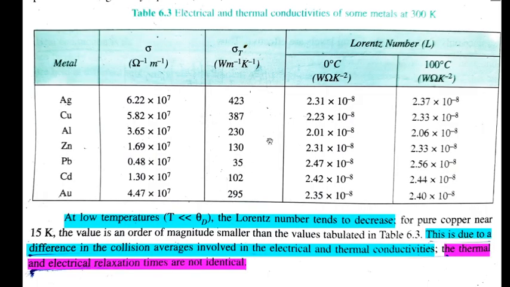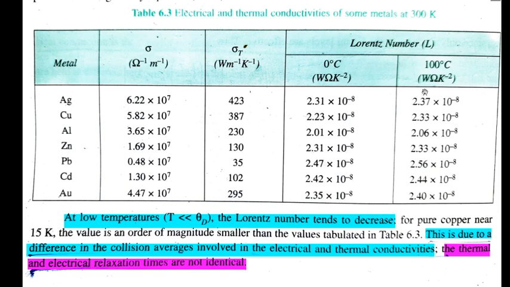And these are a few examples of a few metals, and this is sigma, the electrical conductivity, the thermal conductivity, and the ratio of it, and you can see it remains almost constant, right? 2.3, 2.2, 2.3, 2.4, 2.4 and so on.